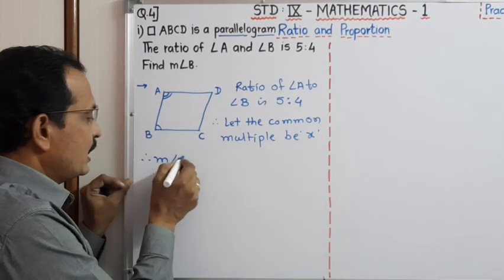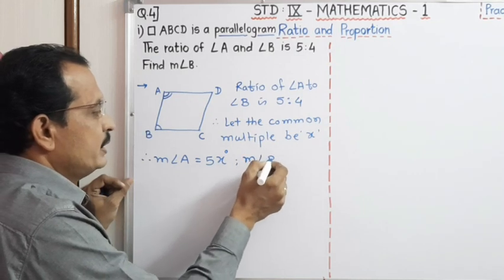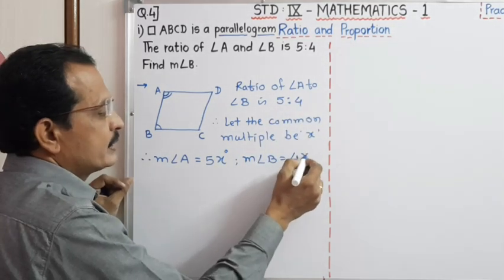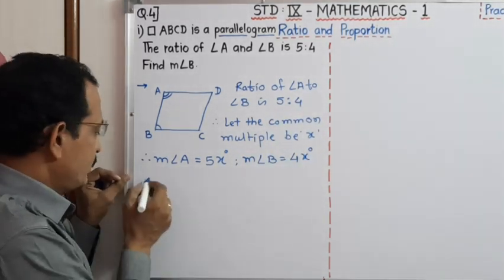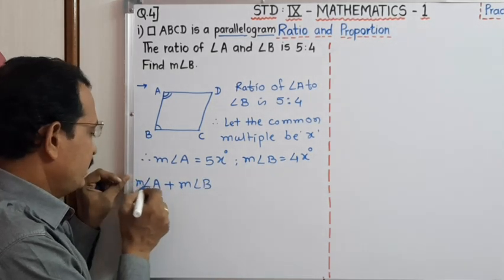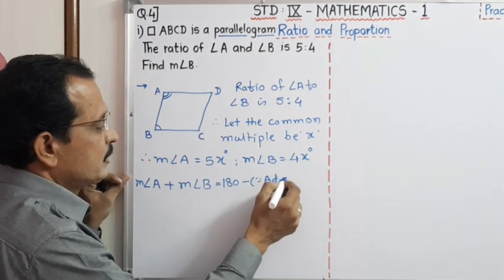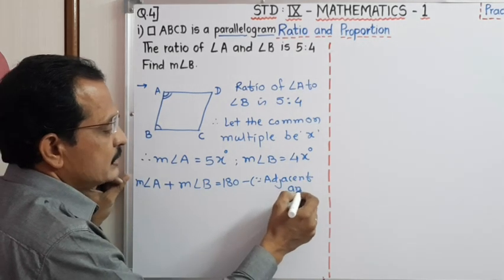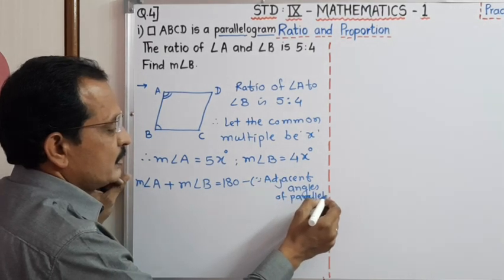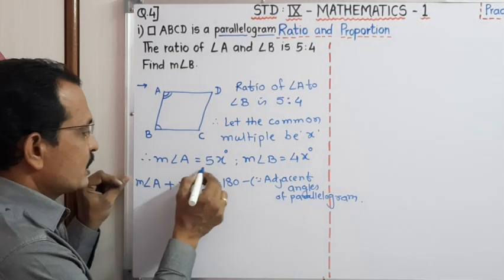Therefore, measure of angle A is equal to 5x degrees and measure of angle B is equal to 4x degrees. Now dear students, measure of angle A plus measure of angle B is equal to 180 because adjacent angles of a parallelogram are supplementary.